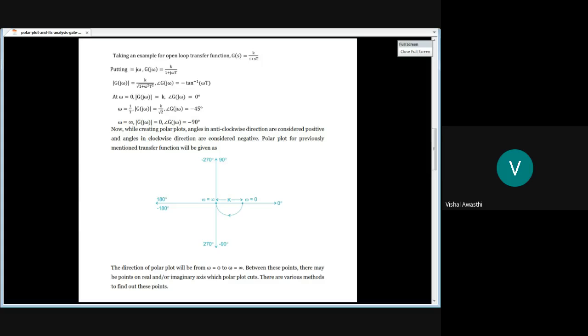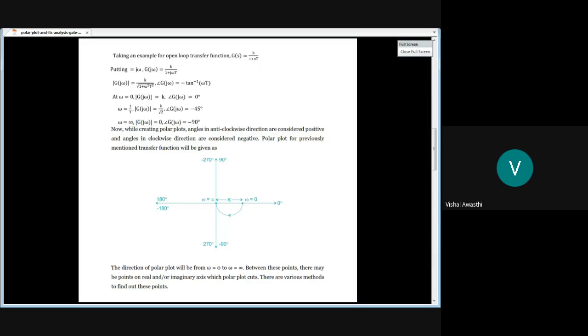So you are now considering a length k from the origin, but its direction is positive real axis having angle 0. So you can see on your real axis, the length is k. This length is measured from the origin, having a point at 0 degree. And at that point, you have written omega is equal to 0.